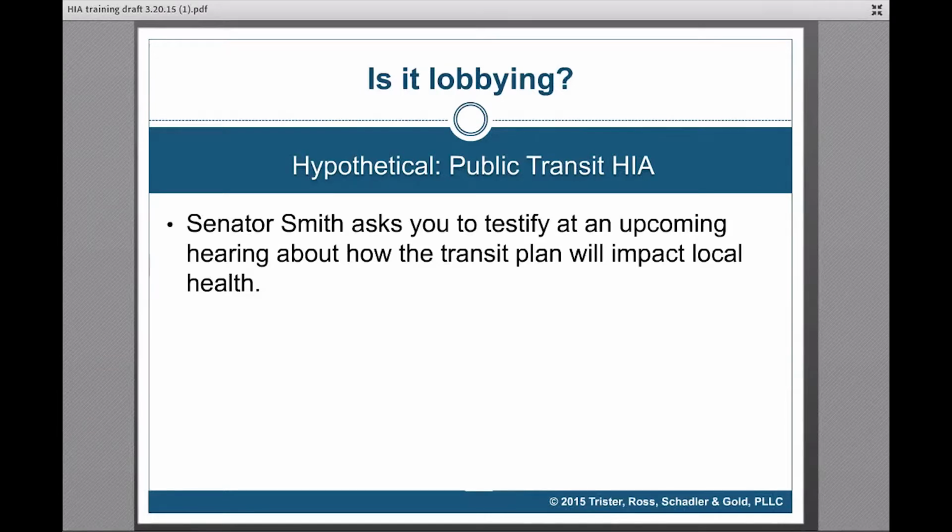The key issue here is whether the folks who are on your steering committee are going to be using your HIA in their lobbying activities, then you need to demonstrate that you had a broad public distribution of that HIA before those folks go off and do lobbying with it.